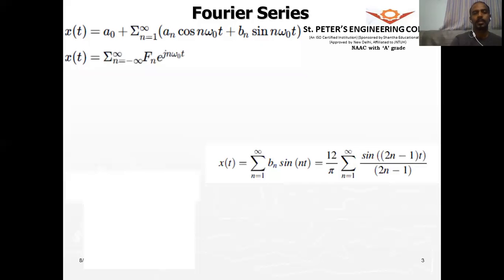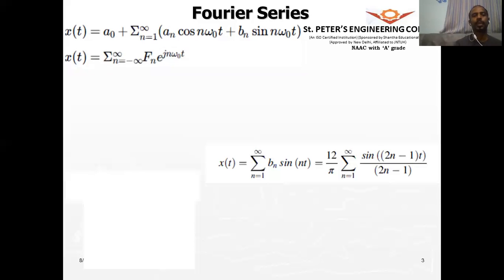So how do we write it in terms of the complex exponential? Instead of Cn or Ck, I've written here in terms of Fn. These are different notations, because we are using a n for the trigonometric series, so we don't want to confuse with that.